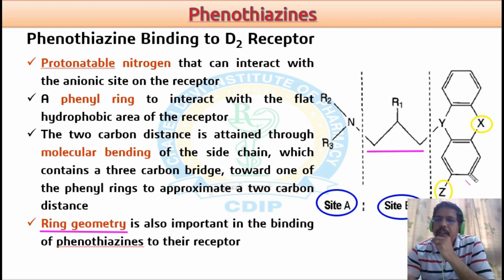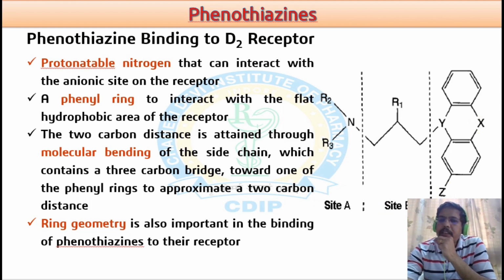It is not on the same plane, but has some portion in another plane that is understood by the geometry of the phenothiazine ring.